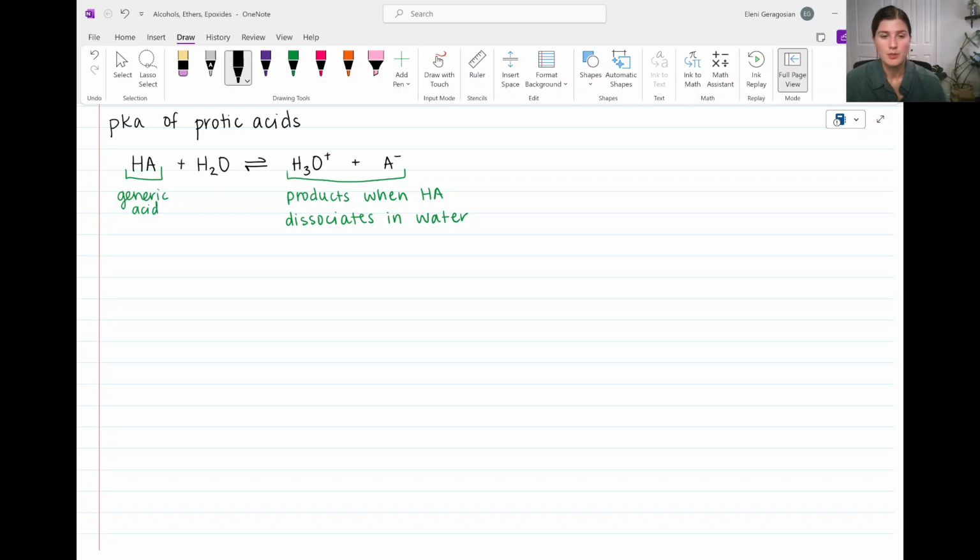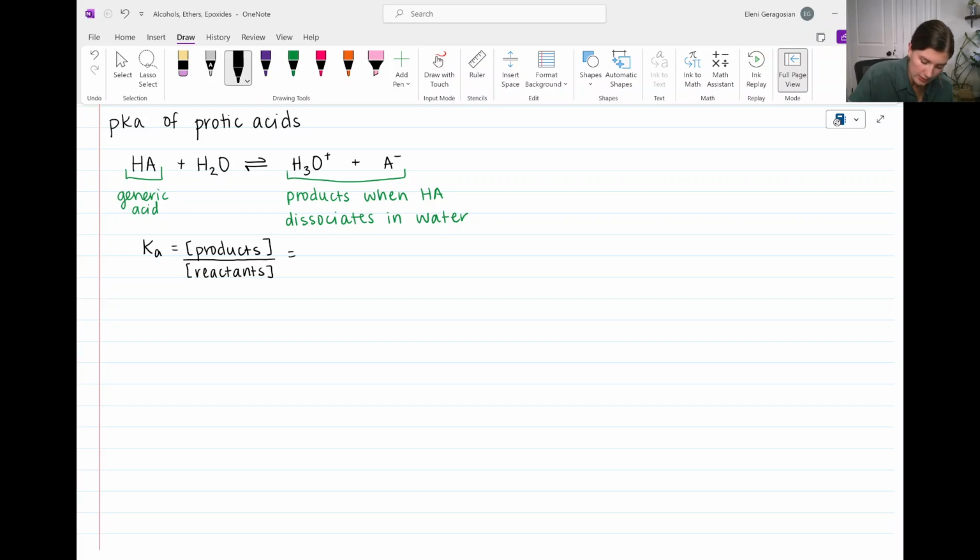So with this equilibrium reaction that we've drawn out here, we can calculate the Ka, the equilibrium constant for an acid, which is the concentration of products divided by the concentration of reactants.